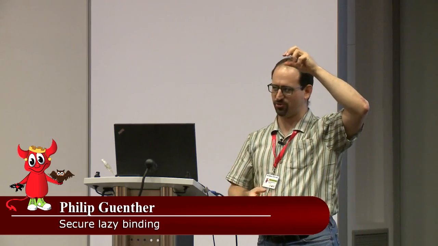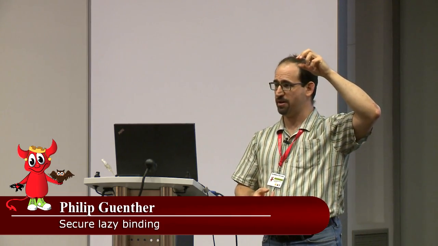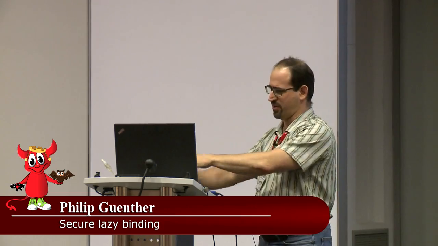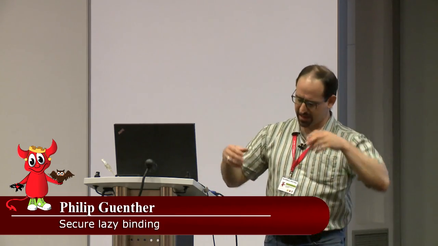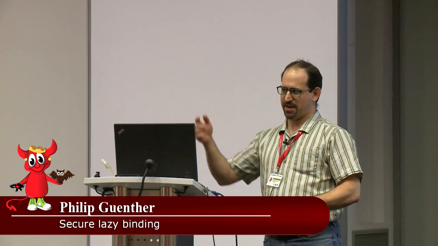Now let me do the actual logic of looking up the symbol and figuring out that bar is at this address, printf is over here, or whatever. And then I'll call kbind. So if someone wants to jump into the middle of the function, they can't get the cookie load logic without also getting the symbol address resolution logic. They kind of have to get both of them together. But as observed, an attacker could probably figure out where that cookie is in LDSO's section of memory. So it's a little unclear how good this one is.